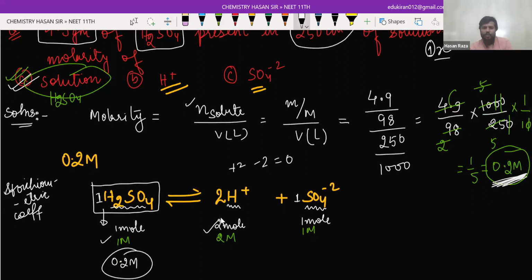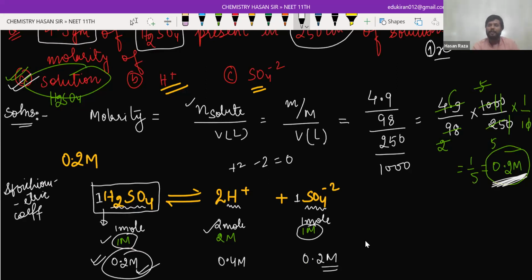You can see 1 molarity gives 2, that means twice. So 0.2 molarity of H2SO4 will give you 0.4 molarity of H+. Again, 1 molarity of this gives 1 molarity of SO4 minus 2, a 1:1 ratio. So 0.2 molarity of H2SO4 will give 0.2 molarity of SO4 minus 2.